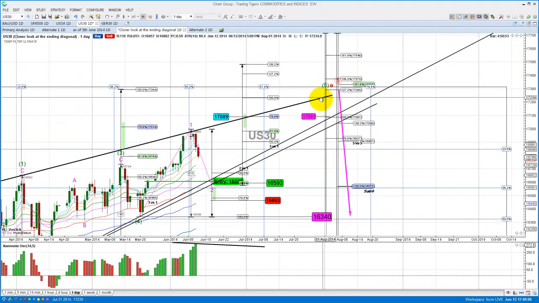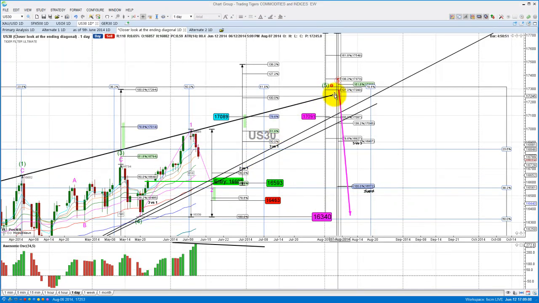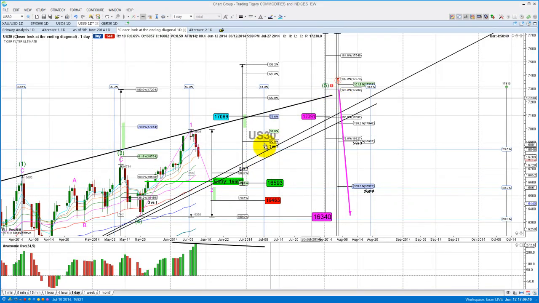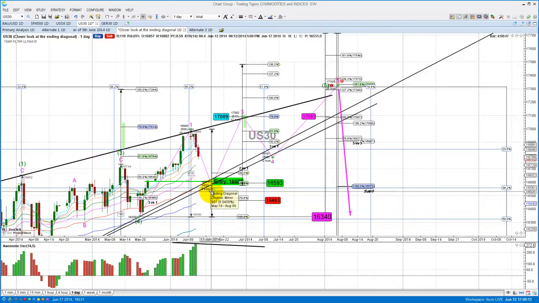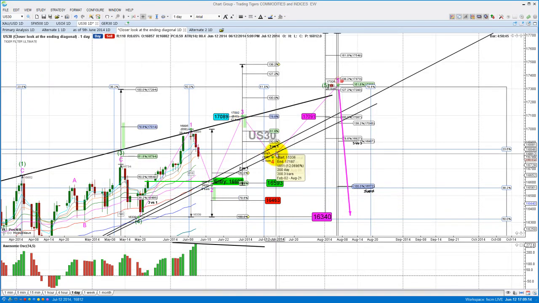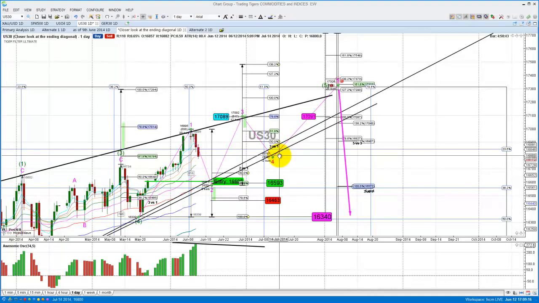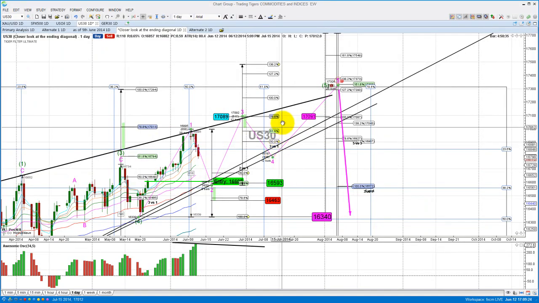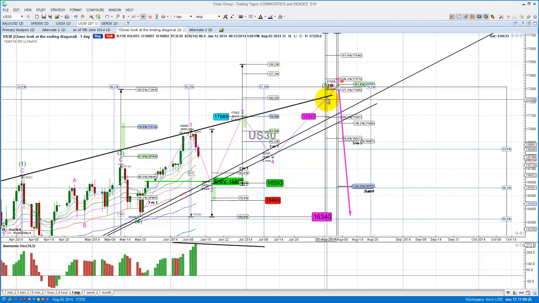So I'm expecting to see a wave 4 of the minor give a throw under. We're looking for price to come under this particular point here and probably get trapped around here, and then a strong push up for a wave 5 to go over, and that's what we call a throw over.